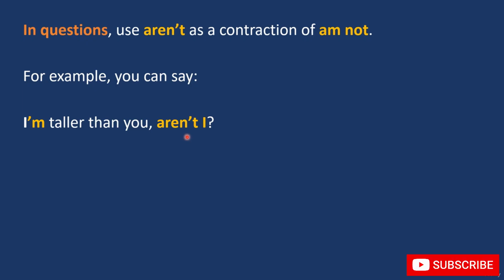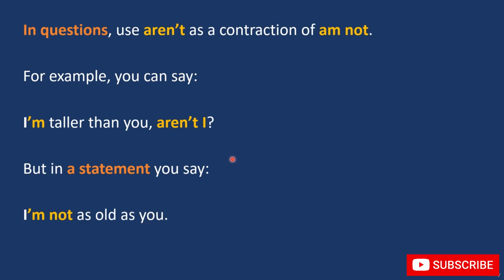We are going to know them in more detail in the coming sessions, but for now you have to know that the abbreviation of am in the question tag is aren't I. But in a statement, a simple sentence, not a question, you say, I am not as old as you.